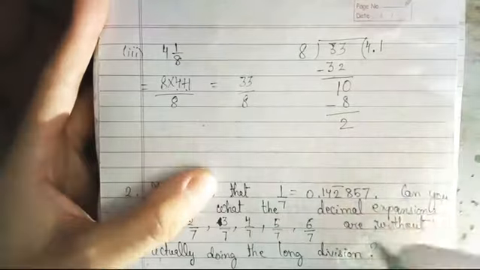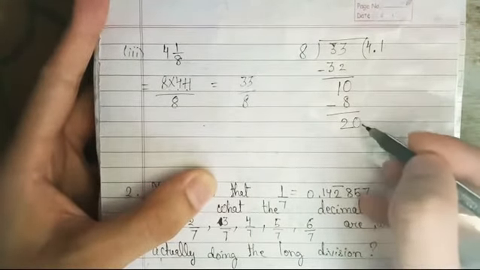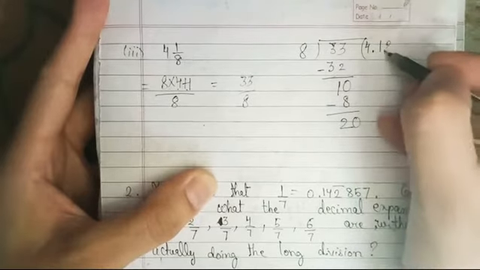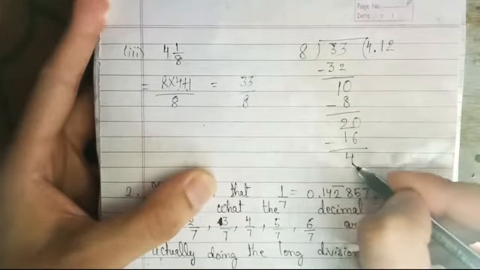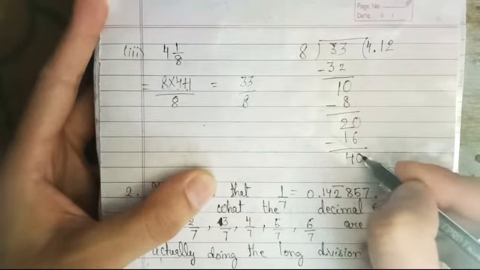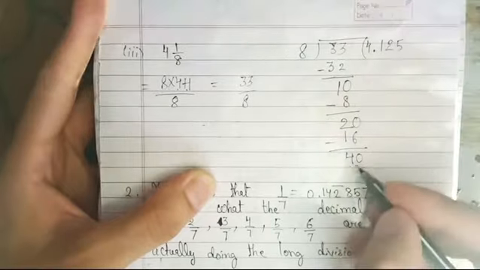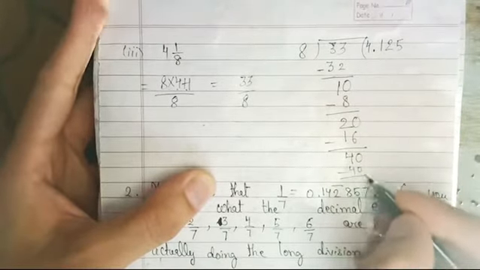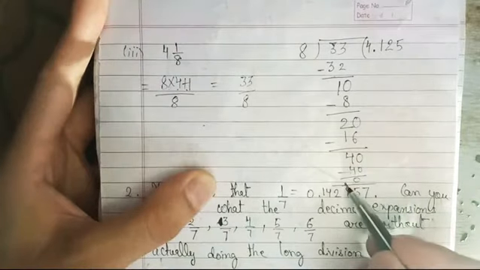Now again, due to the decimal, it will become 20. 8 2s are 16. 20 minus 16, 4. Due to the decimal, it will become 40. Then 8 5s are 40, and the remainder will be 0.